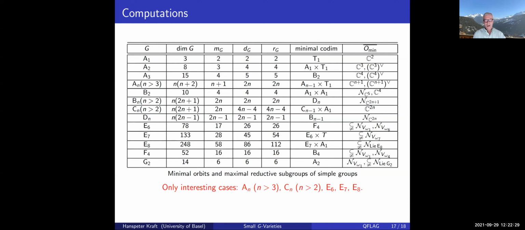So the only interesting cases are An for n greater than 3, Cn for n greater than 2, and E6, E7, E8. As an example, if you have an E6 variety of dimension less than 26, it's automatically small, and is completely determined by its U fixed point, etc.